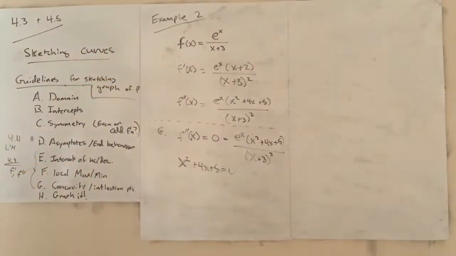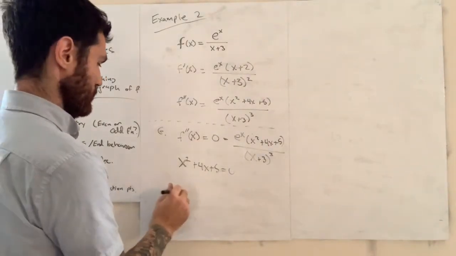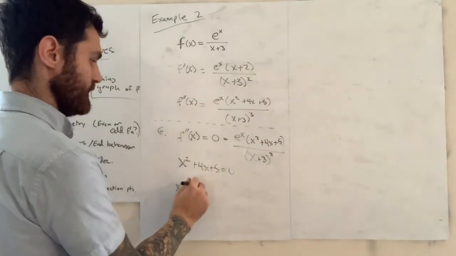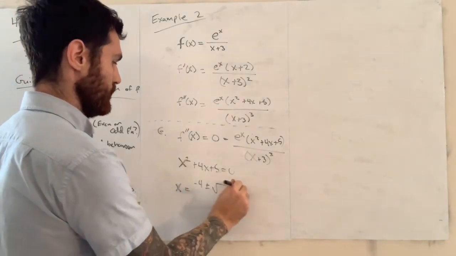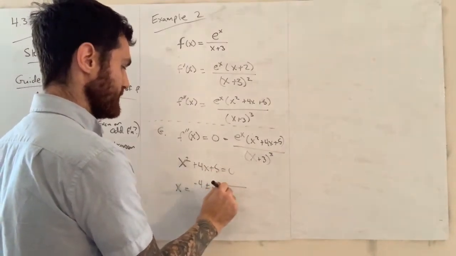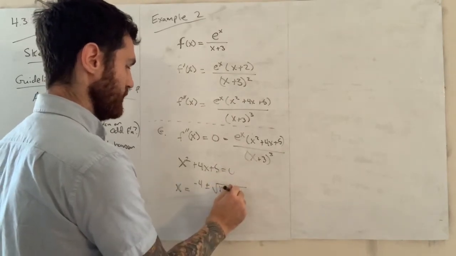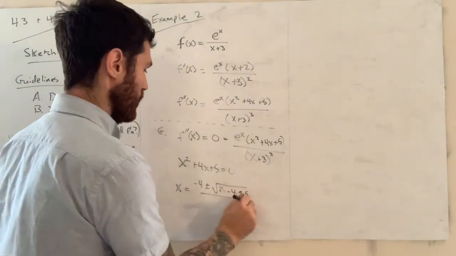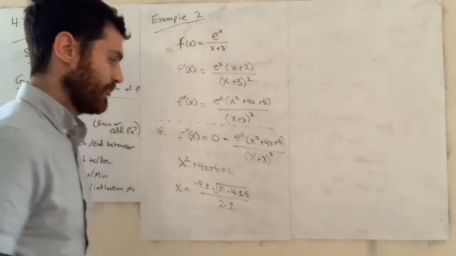Well, x equals negative b plus or minus the square root, using the quadratic formula, of b squared, 16, minus 4ac, all over 2 times a.